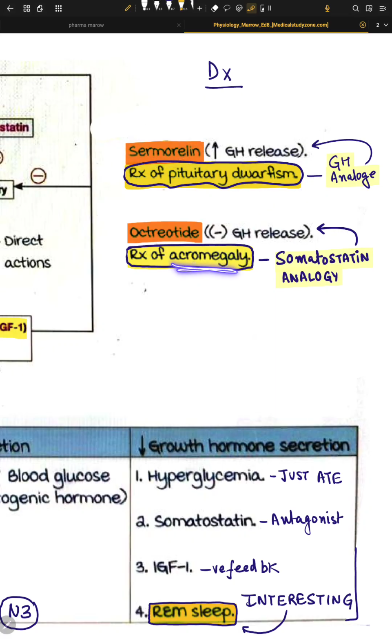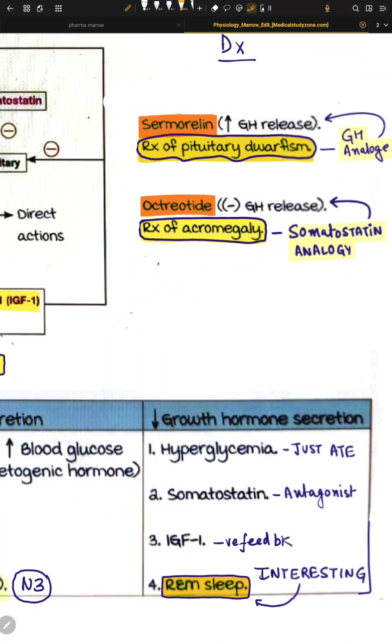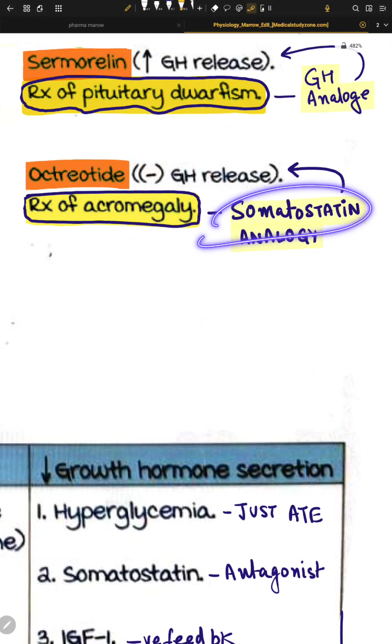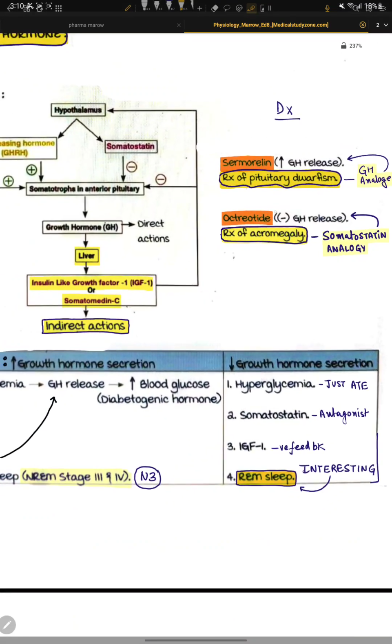For acromegaly, if a person already has a lot of GH, we need to inhibit it. We can give an analog of somatostatin called octreotide. So acromegaly, we need octreotide. Pituitary dwarfism, we need sermorelin.